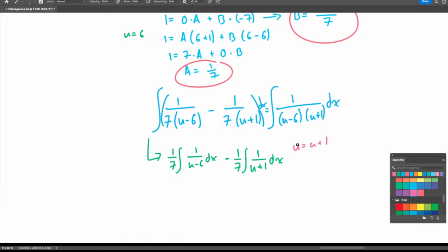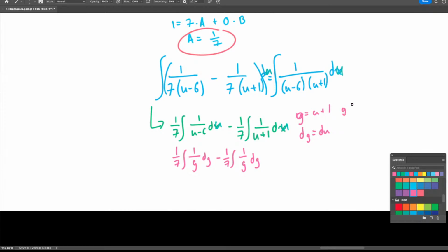Oh, this is supposed to be du, my bad. Okay, that means dg equals du. Then we get 1 over 7 integral of 1 over g dg minus 1 over 7 integral of 1 over g dg, for both of them. G equals u minus 6.